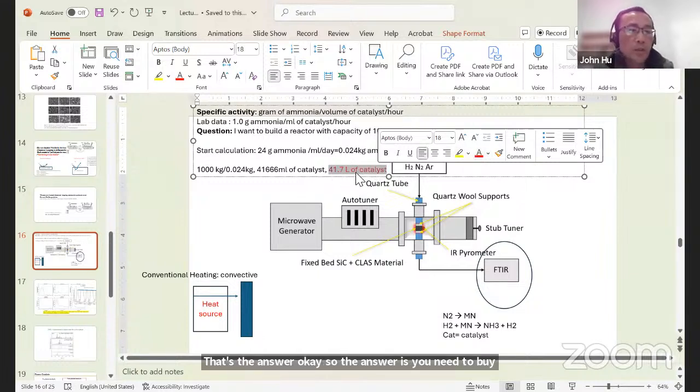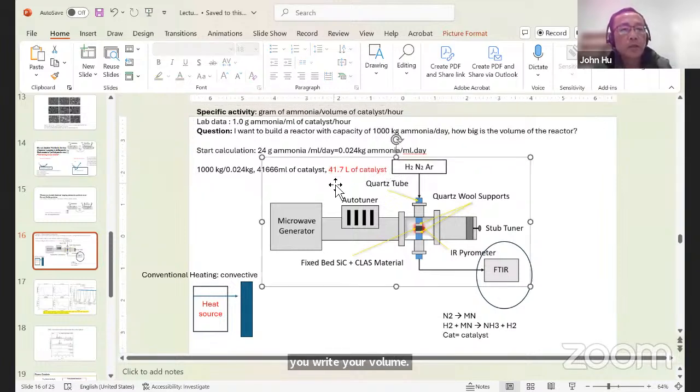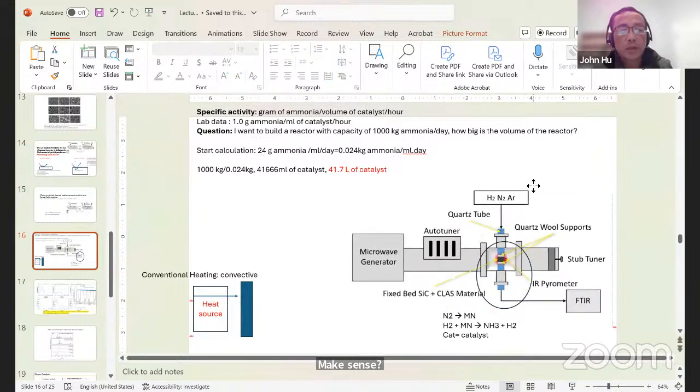You multiply by the density of the catalyst, that's the weight. But I want to show you the volume. To say it a different way, your reactor volume should be 41.7 liters. Make sense?